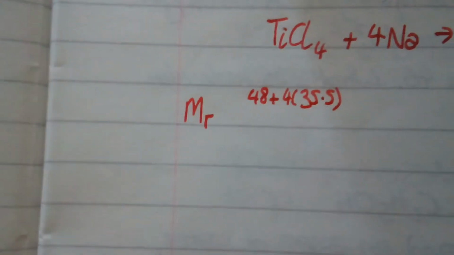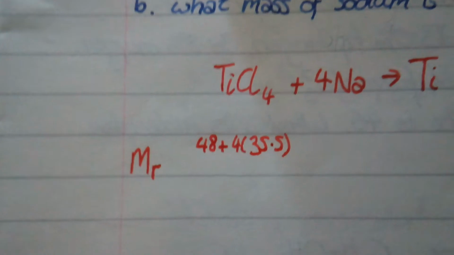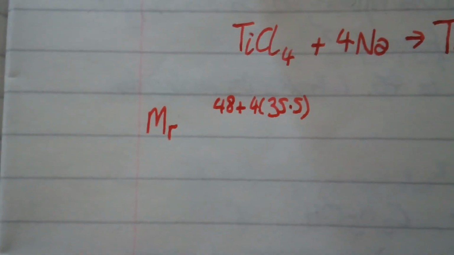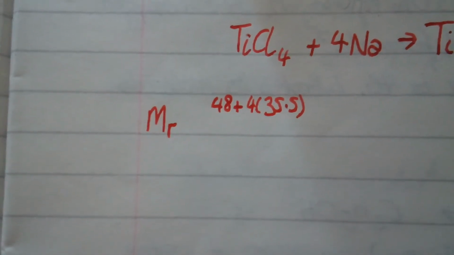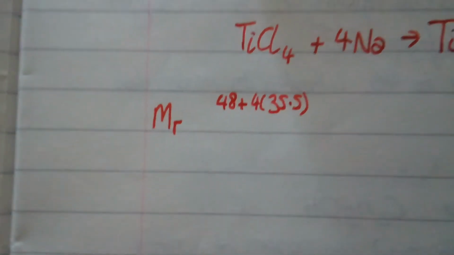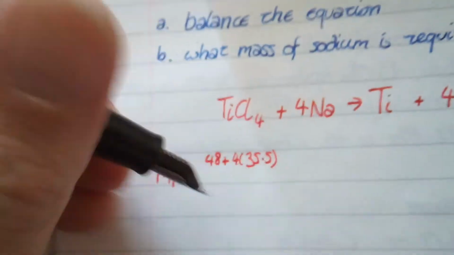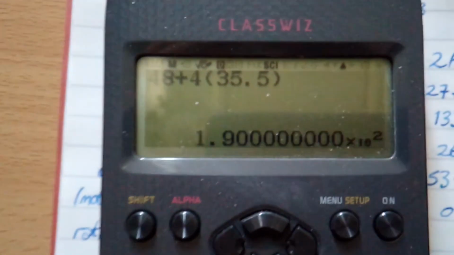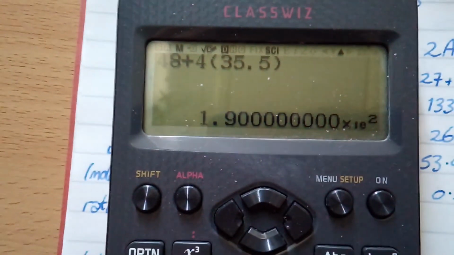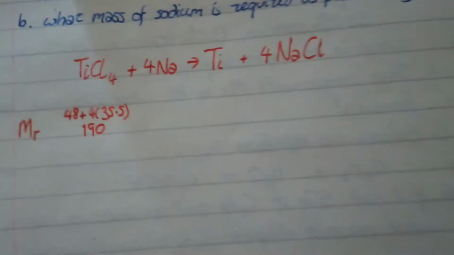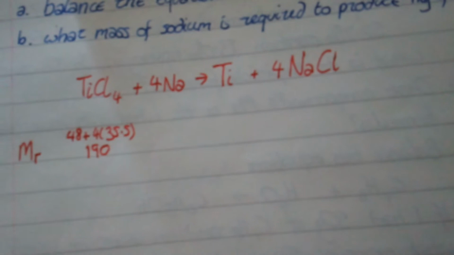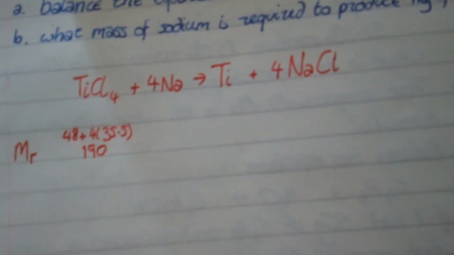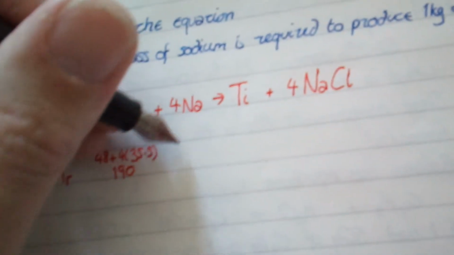Again, it is quite useful to know these, but I'm really not expecting you to. 48 plus 4 lots of 35.5 gives me 190. Okay, so let's just check, 48 plus 4 times 35.5. So I've not messed up my calculation this time. 4 lots of sodium is 4 times 23, which should give me 92, and it did.